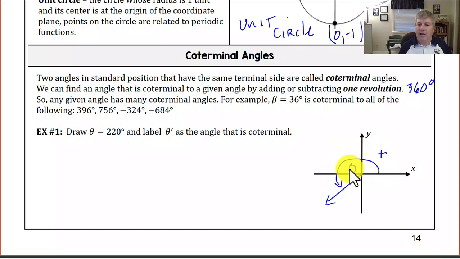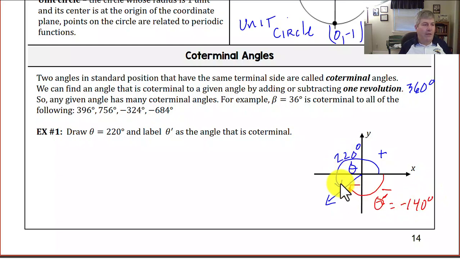And we would say theta is 220 degrees. And now we want to label theta prime as its coterminal angle. So I'll change colors here, and we'll go in the negative direction. And so that is a negative angle, and theta prime would equal negative 140 degrees.